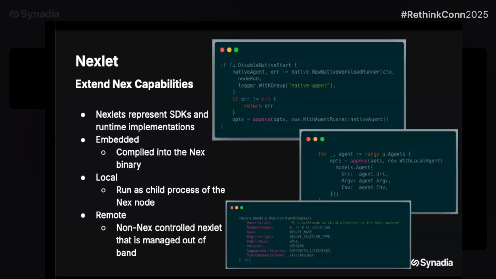You ship it to wherever you want, and then you maintain the state and process of it. So you put it in systemd, you keep it running, and then from there, it extends Nex all the way out to wherever you put it. I have a fun demonstration here in a second to show just that.